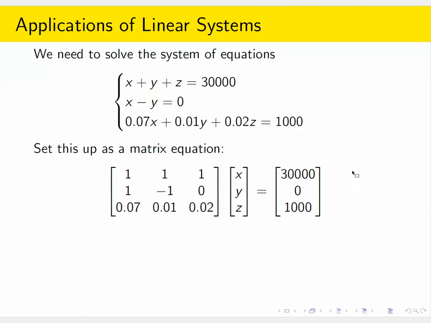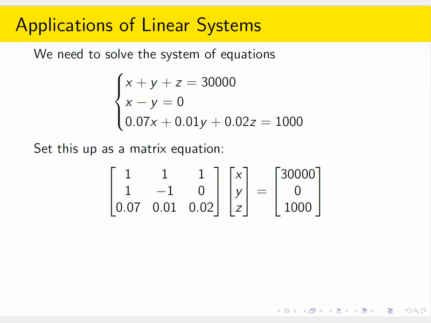Remember, to represent this system with a matrix equation, the right sides, the numbers that do not multiply variables, become the entries of the matrix on the right side, 30,000, 0, 1,000. And on the left side, we split up the coefficients from the unknowns. So we get a matrix where the coefficients of the first equation, 1x, 1y, 1z, become the entries in the first row.